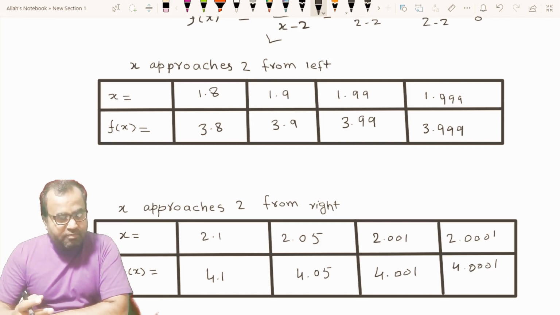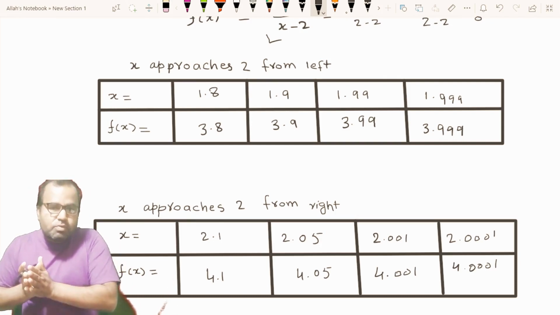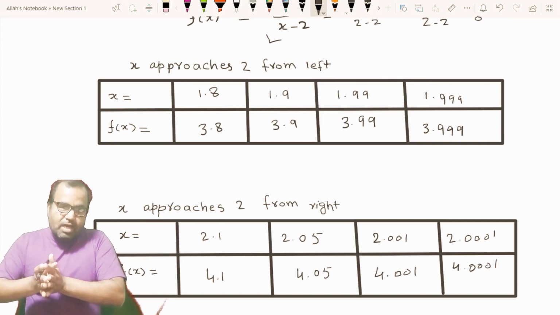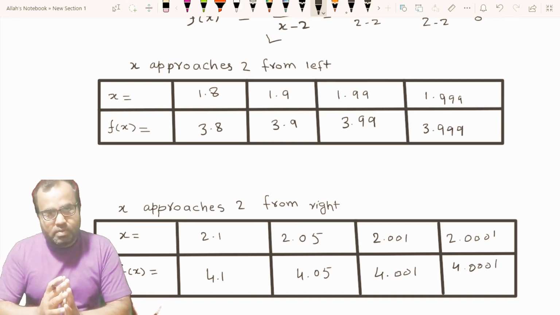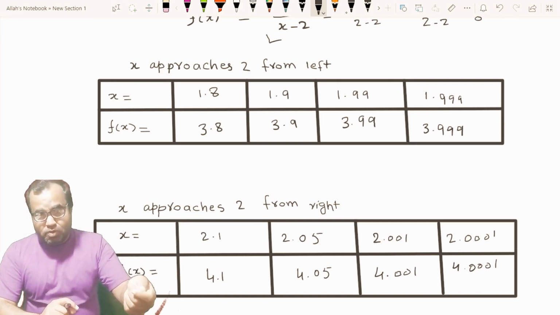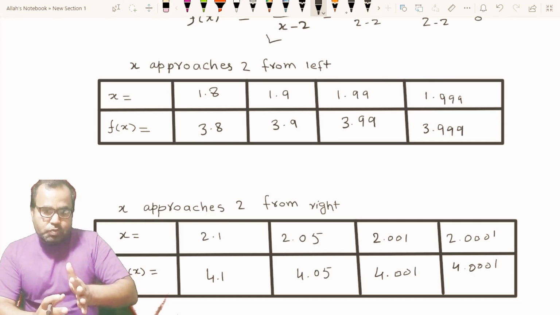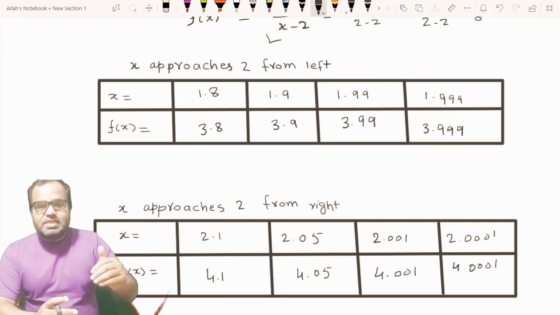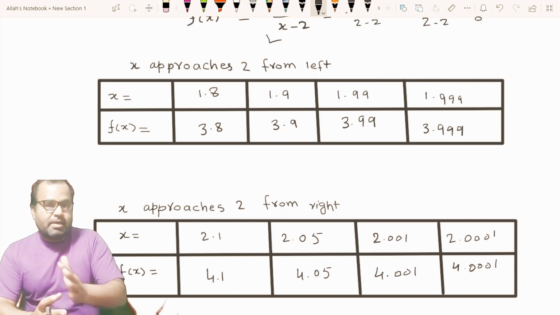As the value of x gets closer to 2, our answer gets closer to 4. With 1.99 our answer gets even closer to 4, 3.99, and with 1.999 it is 3.999.